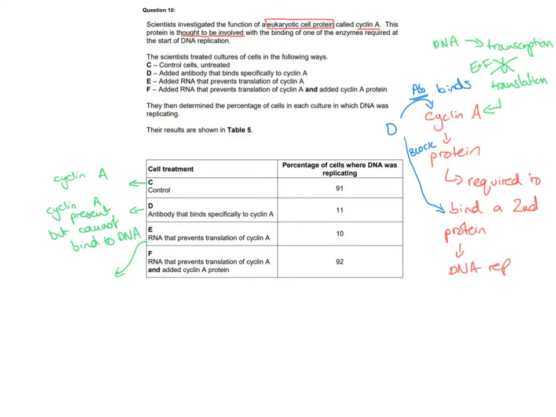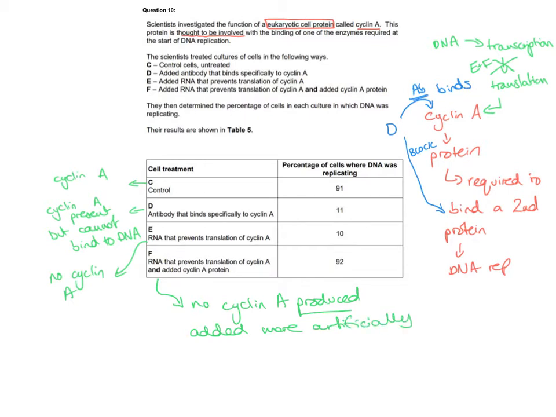In E, we're saying that there will be no cyclin A or reduced cyclin A because there's no translation of protein, so the protein can't be present. And in F, we're saying there is no cyclin A being produced, but we've added more artificially. Okay, so that's what I'm taking just from this question before I've even looked at what I'm going to get asked about this.